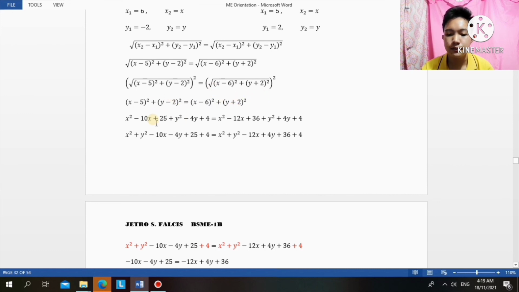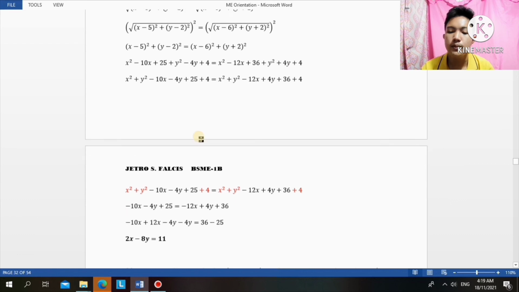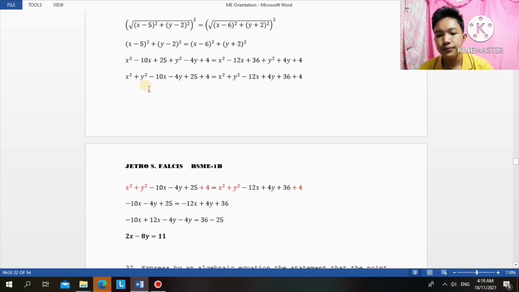So, expanding, it will become x squared minus 10x plus 25 plus y squared minus 4y plus 4 is equal to x squared minus 12x plus 36 plus y squared plus 4y plus 4. So, combine like terms, then transform. So, x squared plus y squared minus 10x minus 4y plus 25 plus 4 is equal to x squared plus y squared minus 12x plus 4y plus 36 plus 4.